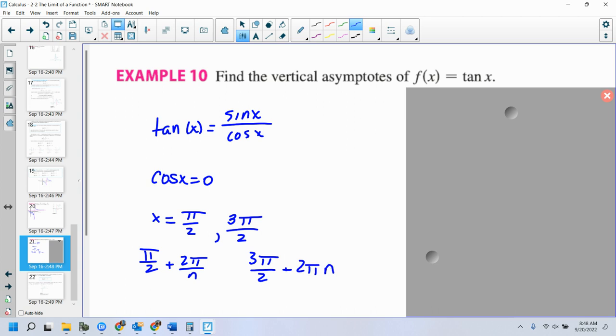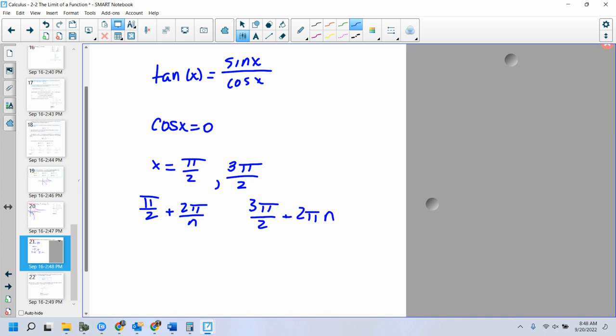Now we should have been able to do that already. That should not be really new for us. But what I want to do is make a conclusion, or a little bit better of a statement about that. What if I say the limit as x approaches pi over 2 of tangent of x?